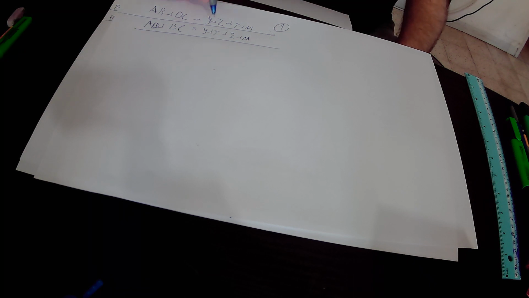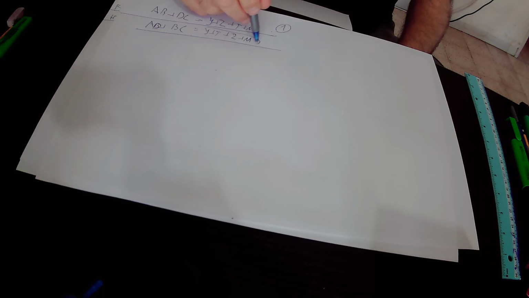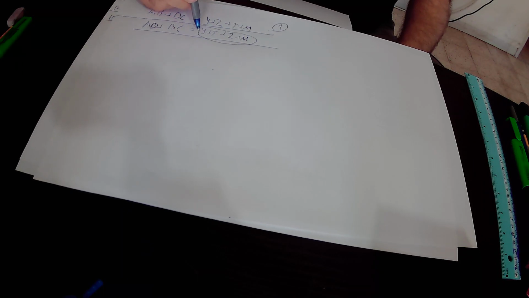So we have this expression y plus t plus z plus m. According to the algebraic identity, a plus b equals b plus a.